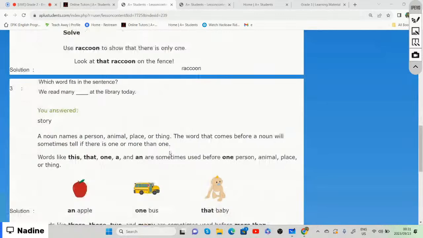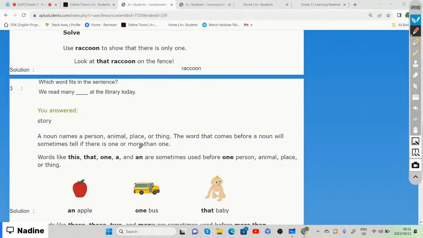We read many story at the library today. So many, is it story or stories? We read many story or stories. Many, many. We read a lot. Is it story or stories?